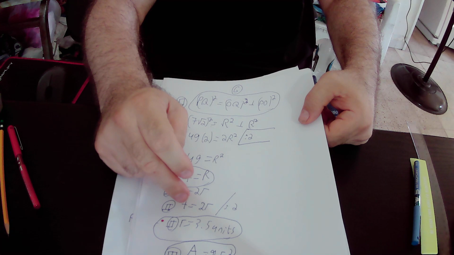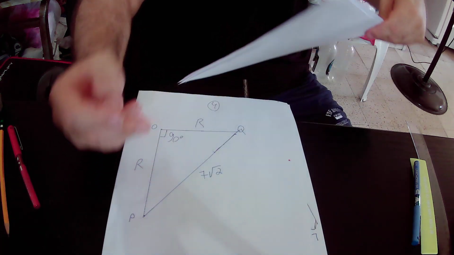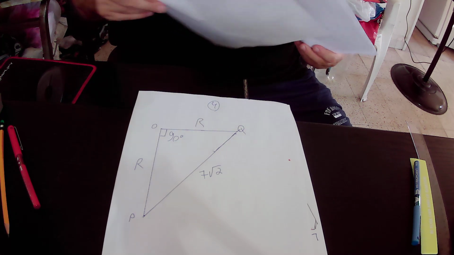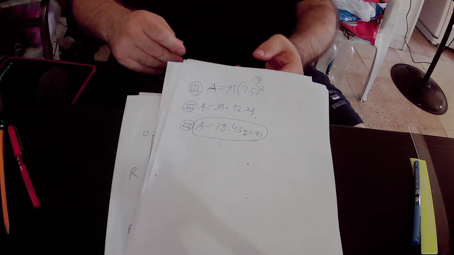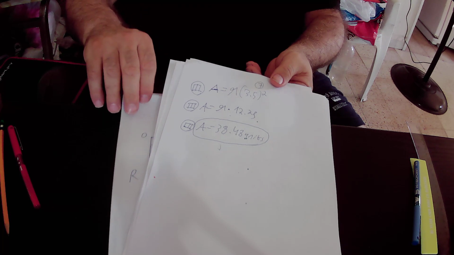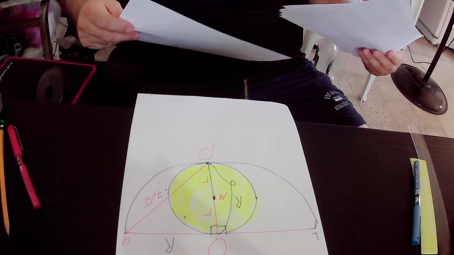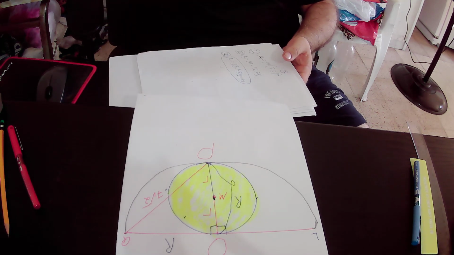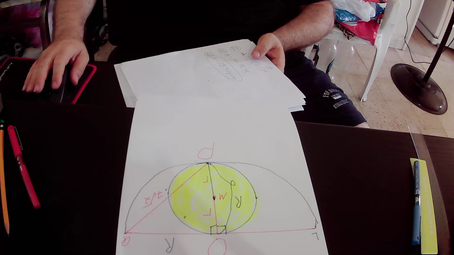We substituted r by 3.5 units, and we got that the area of the yellow circle equals 38.48 units. Okay, thank you very much.